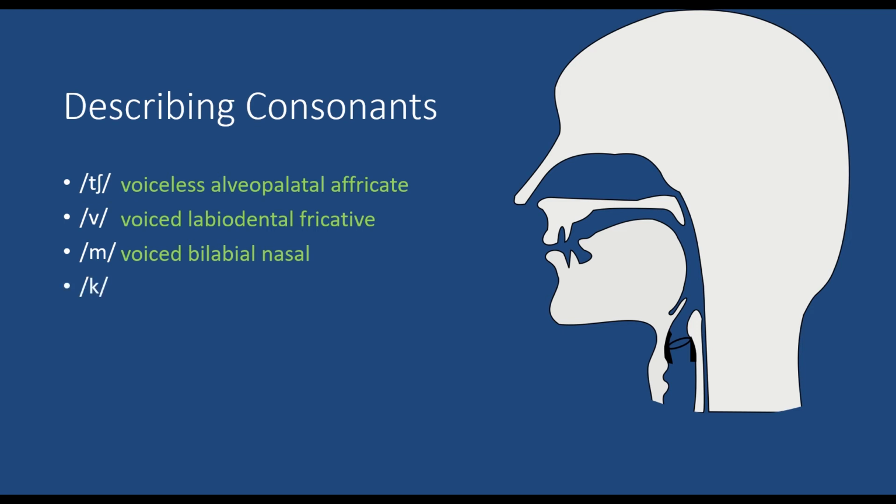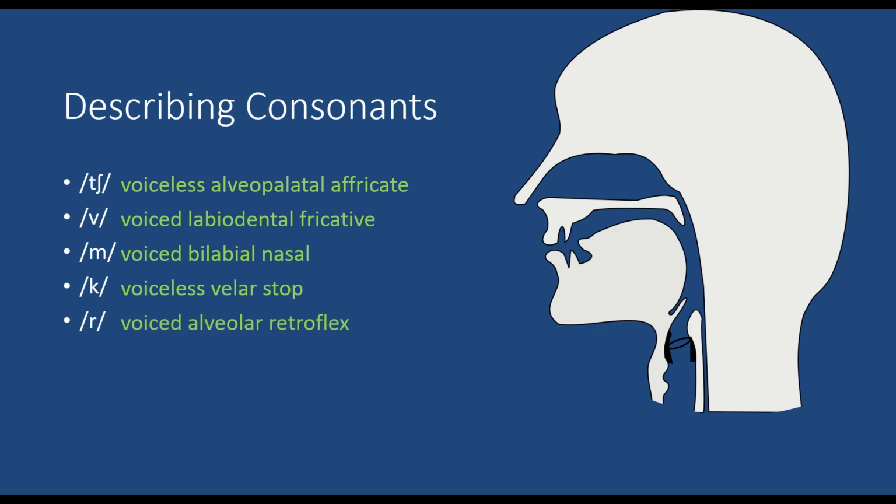For example, this one, you know where it happens, you know how it happens, but you have to start with voiceless velar stop. You try this one. I'll give you a couple of seconds. If you said this is the voiced alveolar retroflex, then you are correct.